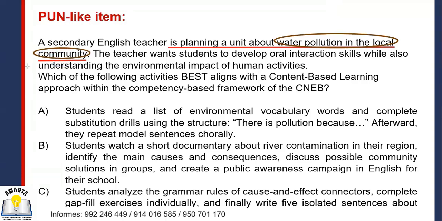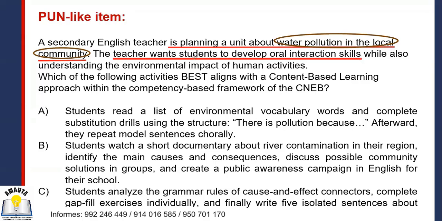The teacher wants students to develop oral interaction skills. This is competency one, the first competency we have in the CNEP. This is about the speaking skills, the oral production.